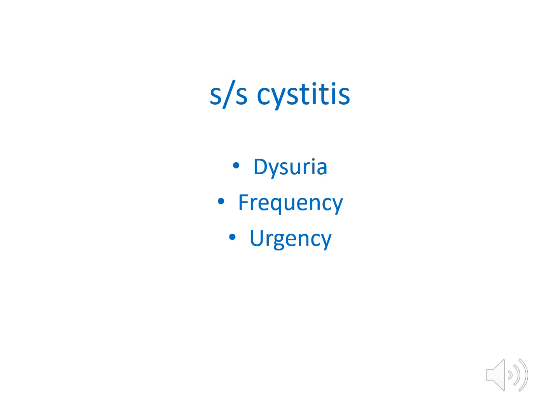And the cause of the frequency and the urgency, again, is probably the irritation of the urethra that goes along with the bladder inflammation, because when the nerve endings in the urethra get irritated and inflamed, that sensation that results makes people feel like they always have to go, and they have to go now.